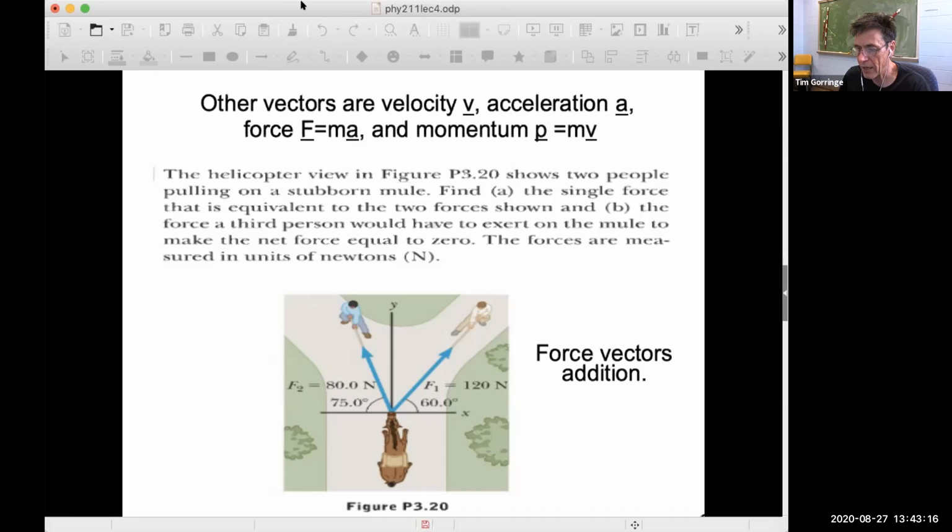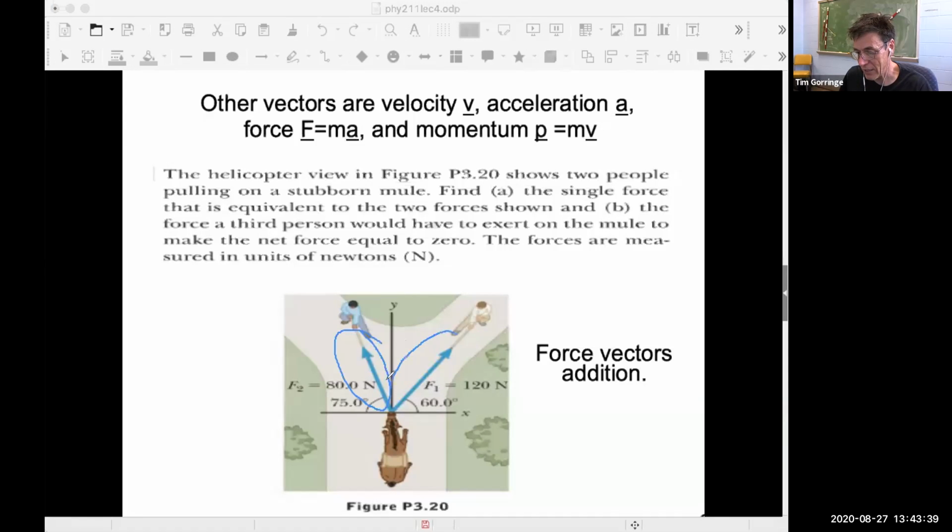Let me get annotating again. There's a vector here. It's a force vector. This guy that we're seeing from the helicopter is pulling upwards and towards the left.